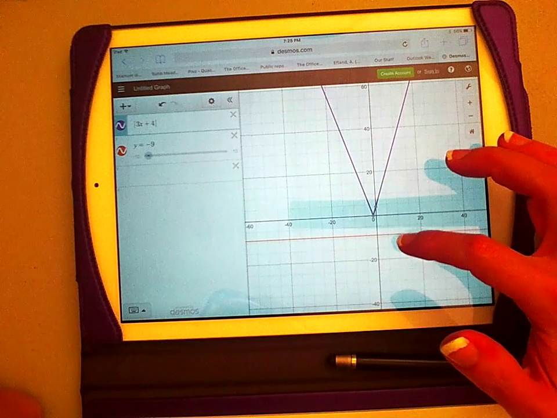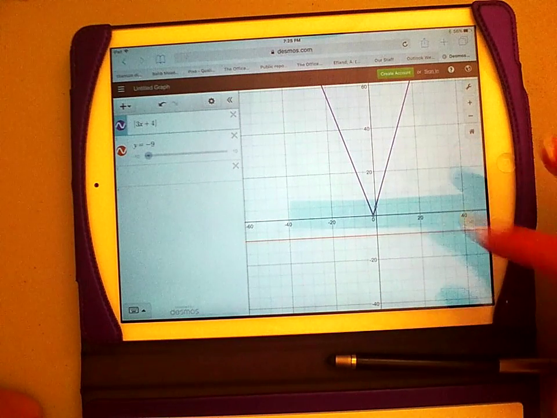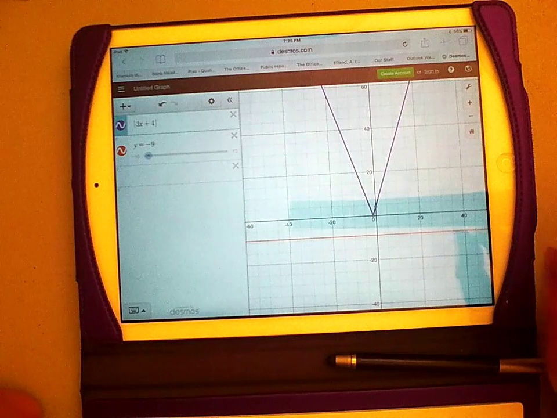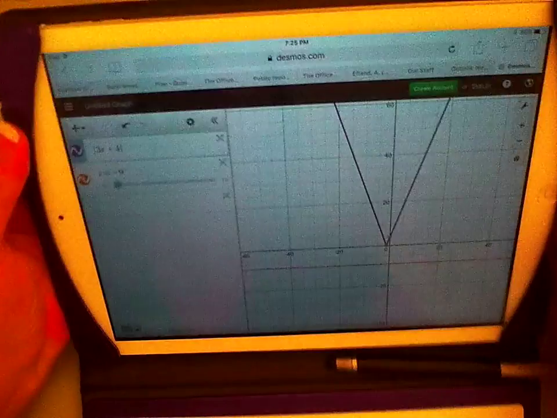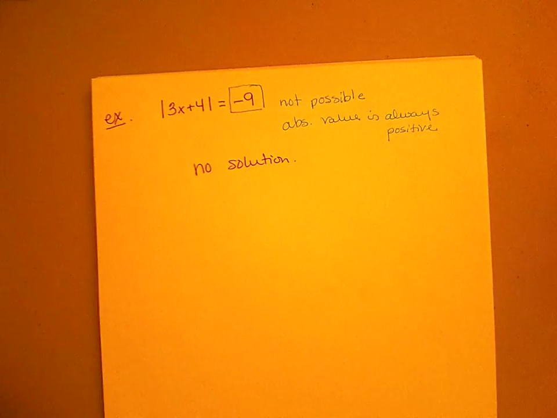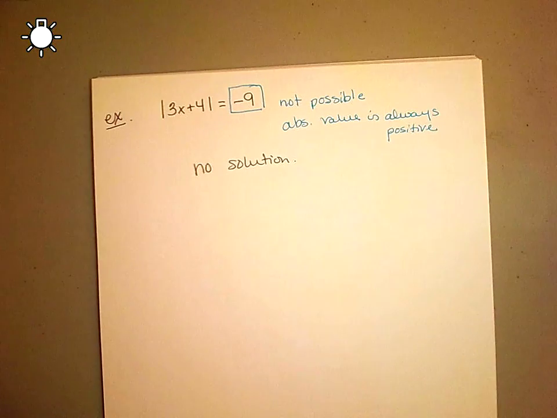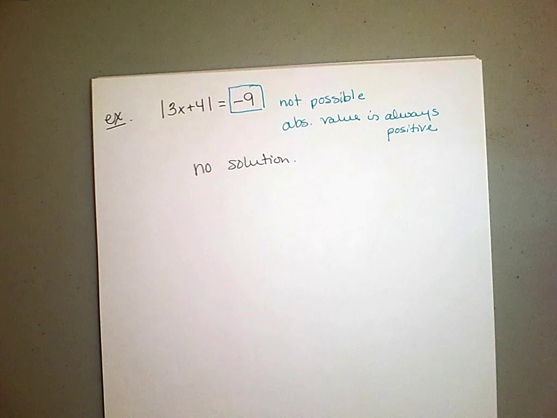This graph and this graph do not intersect, so there is no solution to this equation. Okay, so those are some absolute value equations.